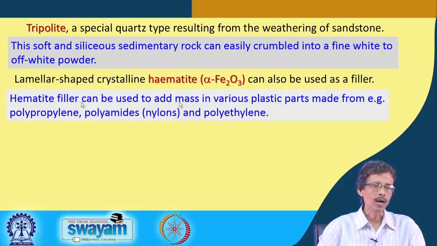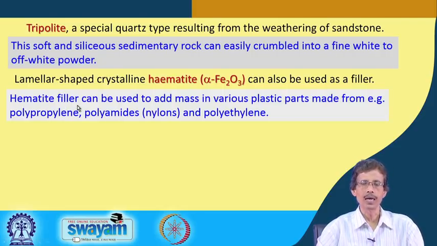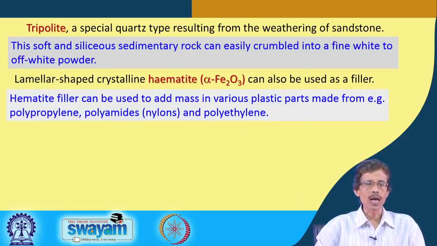Likewise, we can add hematite as a filler to other plastic materials like polypropylene, PP, the polymeric material, then polyamides like nylon 66, which we all know, and polyethylene, the ethylene polymer. Particularly these three categories can be used along with some hematite filler, such that you can have some composite type of material, and it can increase the strength of the material for different types of use.